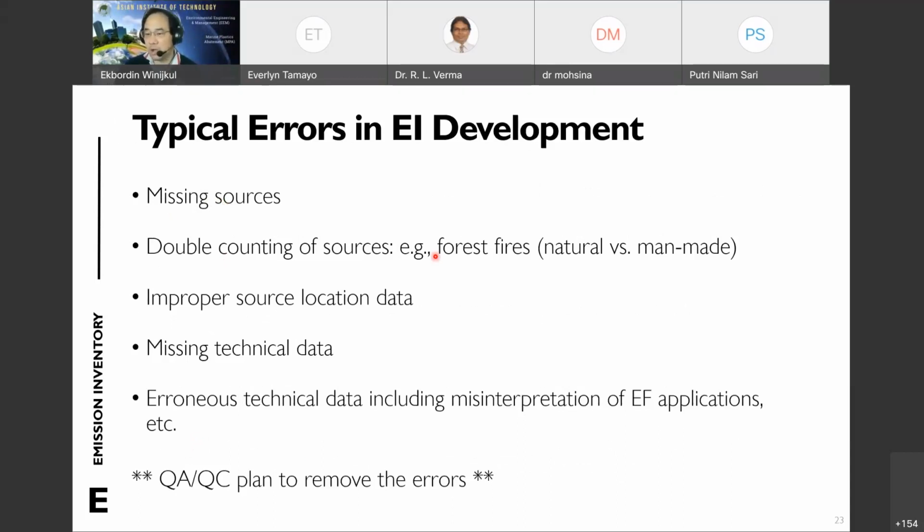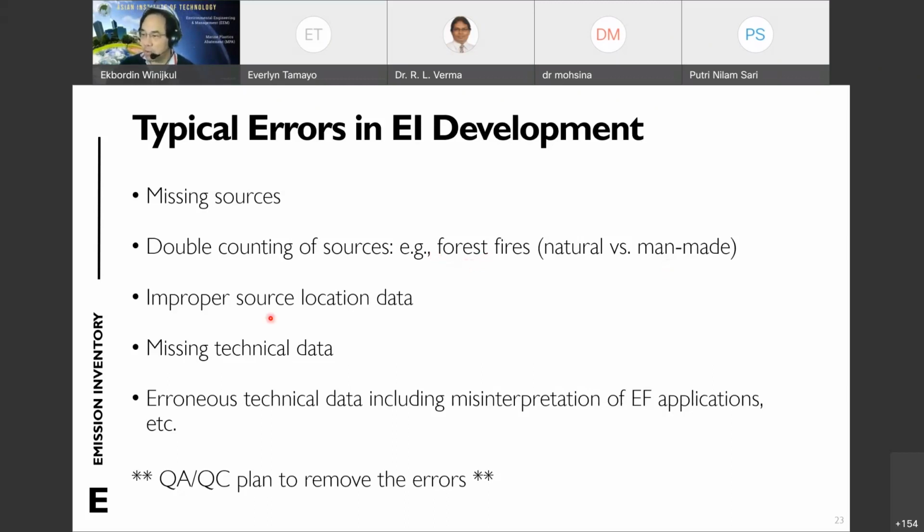Then if you develop the anthropogenic emission, then it will not be included in your study. In some countries, they also classify forest fire as human-made because humans may induce the process or the rate of the forest fire to happen. So you need to check this kind of thing. You will not double count a source in your study area.